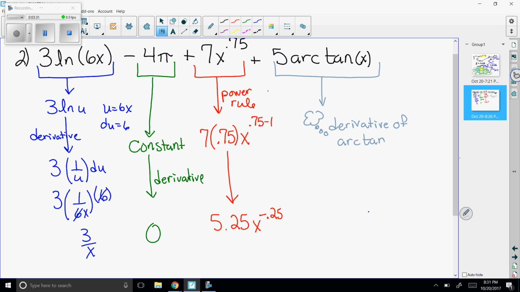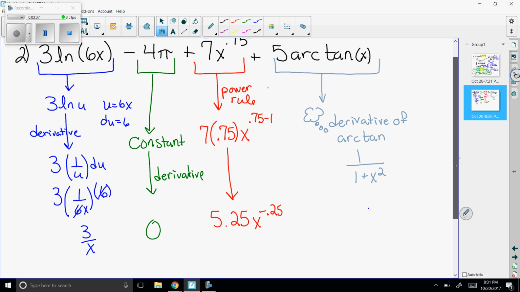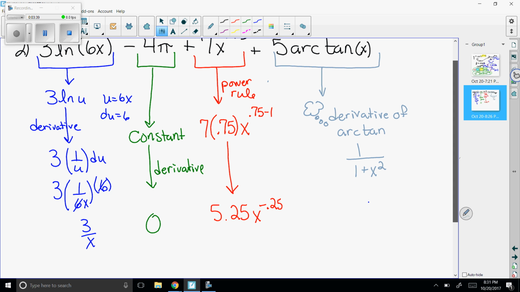The derivative of arctangent is 1 over 1 plus x squared. So if I take the derivative with that 5 involved, my derivative is going to look like this: 5 times 1 over 1 plus x squared.